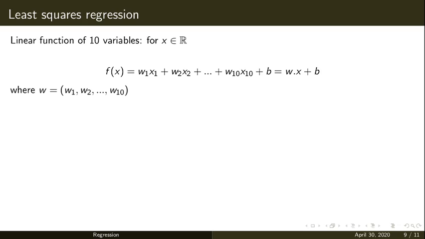If you have 10 variables, then the linear function can be written as f of x equal to w1 x1 plus w2 x2 plus etc. w10 x10 plus b, the y intercept. Or you can write it like this: w dot x plus b, where w is the vector w1, w2, etc., w10.